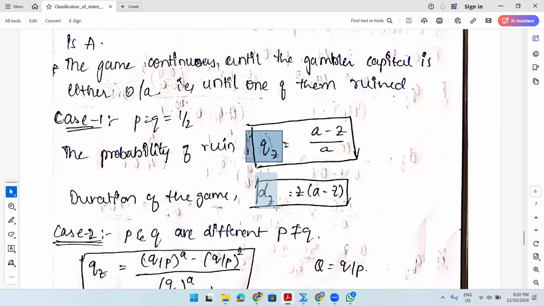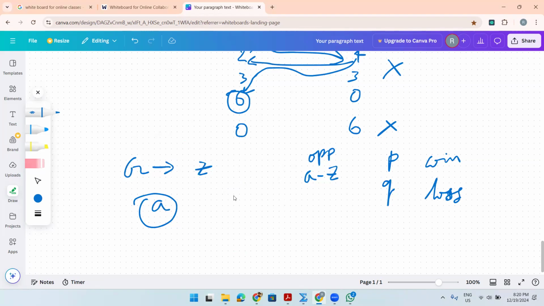Then you will be asked two things: q_z and d_z. They will ask you q_z and d_z only. What is q_z? q is the probability of loss of 1 unit, 1 rupee. q_z is the probability of losing all Z units, that is, all Z units move to the opponent and he will be left with 0 rupees.